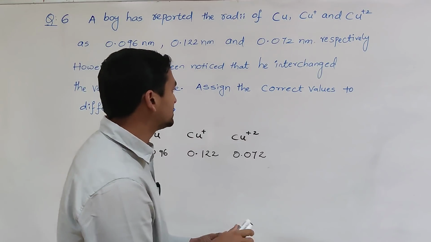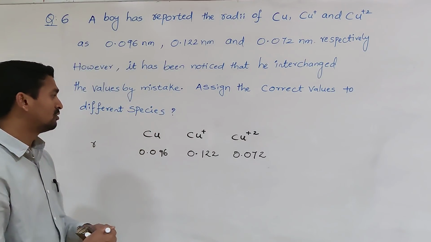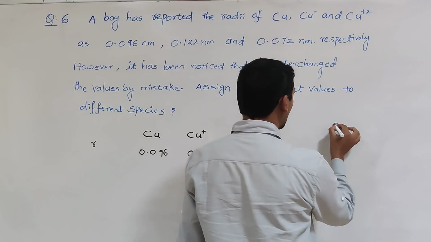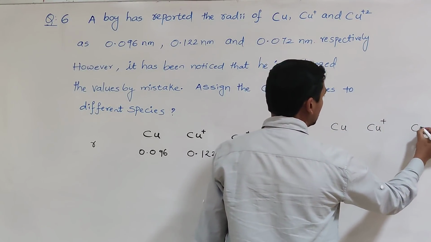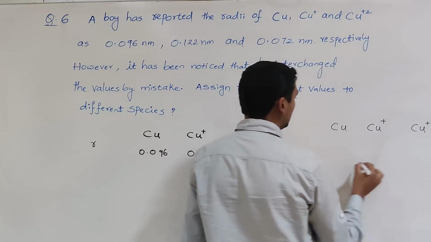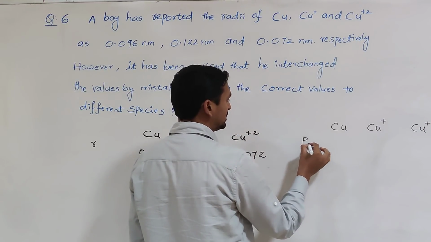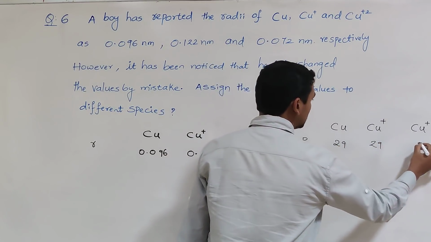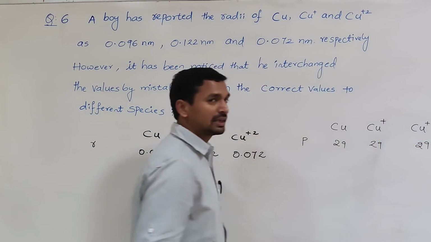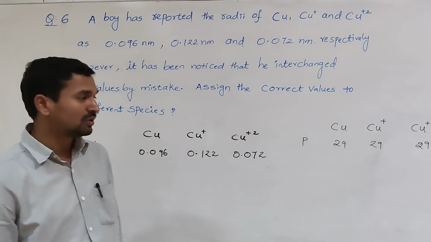Which is smaller in size and which is larger in size, we have to find out. Copper, copper plus and copper plus 2. The number of protons is 29, here also 29, here also 29. In all the cases, the positive charge in the nucleus is the same.